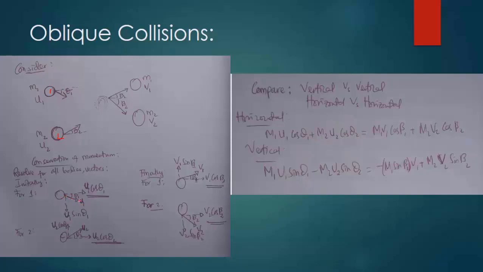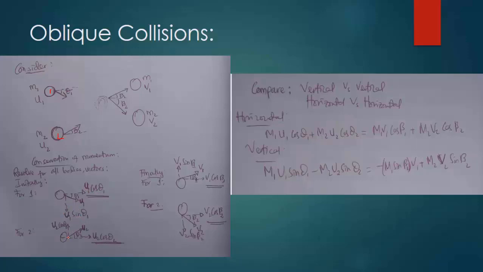So when we resolve horizontally, direction is very important, okay? When you resolve, you see it turns that way, across, so use cos of its velocity. When you resolve velocity, we have now resolved momentum. Resolving vertically it becomes u1 sin theta.